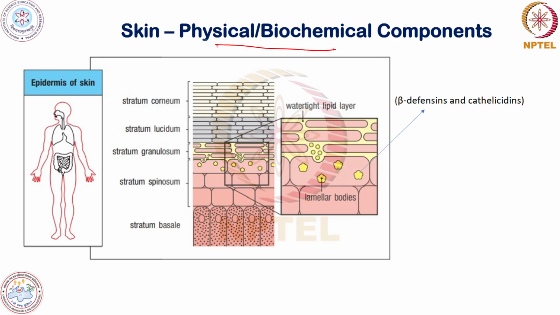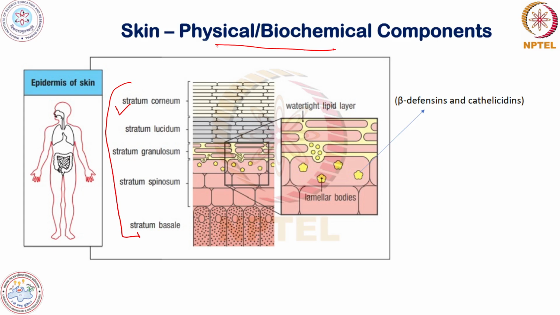So here we can see that the skin is covering our whole body. So this is the longest first line of defense which can protect us from infection. There are different layers made of different types of cells in the body, so we'll understand them one by one. The first one is the stratum corneum.